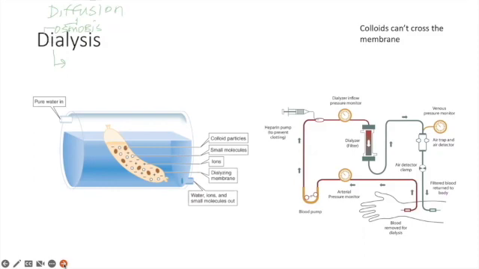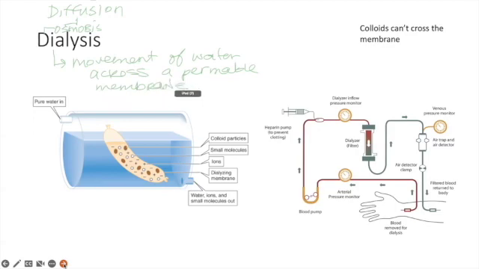But dialysis is movement of water across a permeable membrane. So permeable, what the heck does that mean?